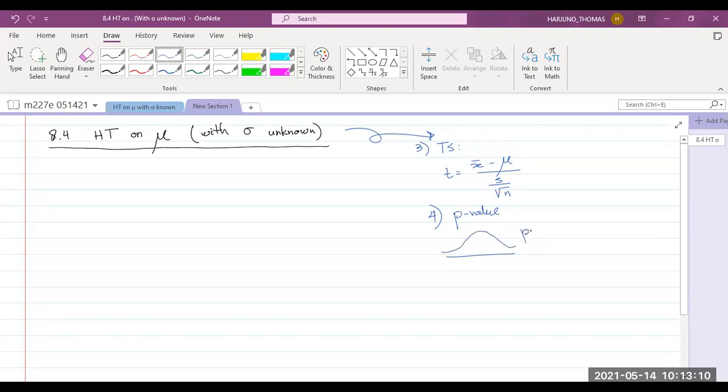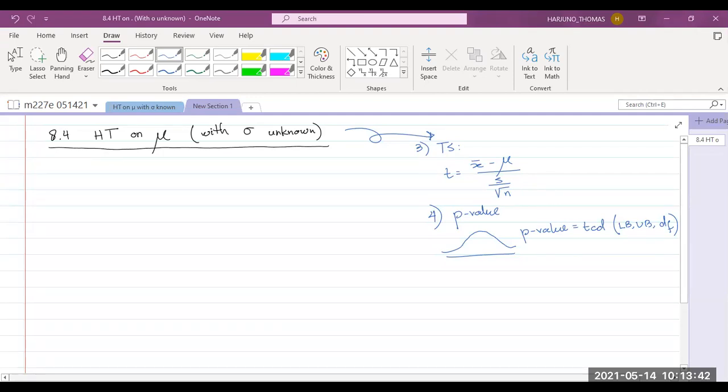So for the p-value, we will use TCDF: lower bound, upper bound, degree of freedom. That's the variation. How about steps 1, 2, 5, 6? The same procedure. Okay, let's do problems.